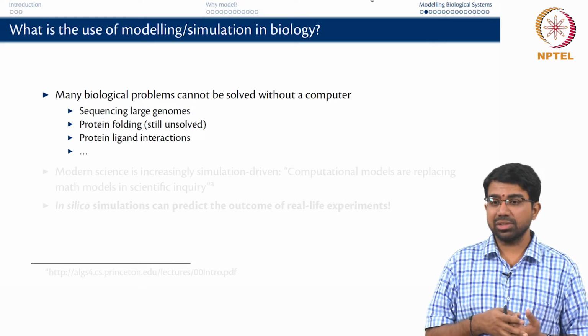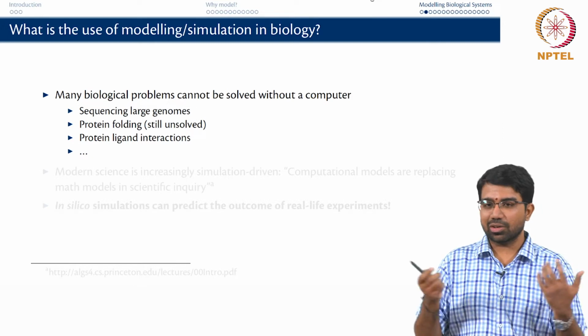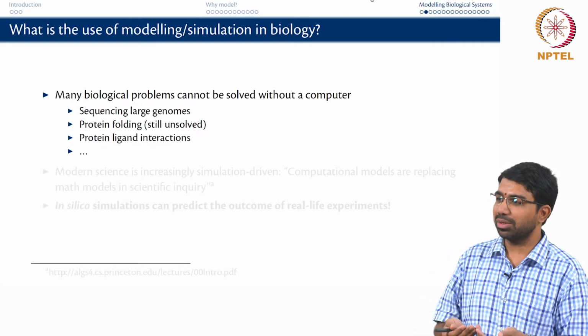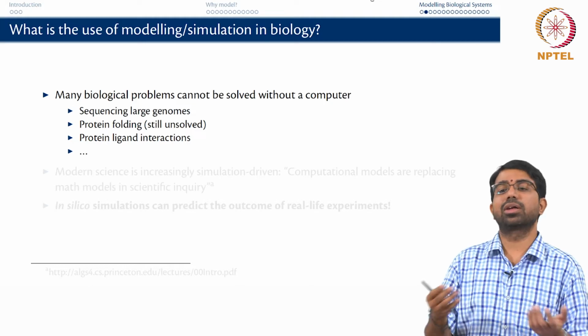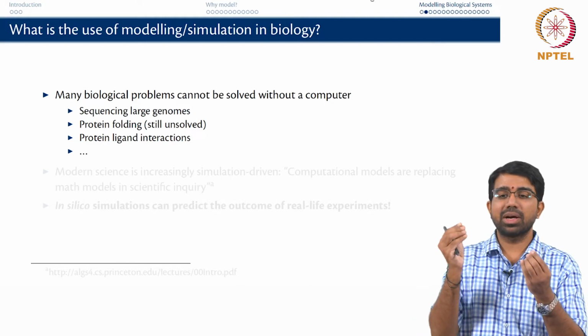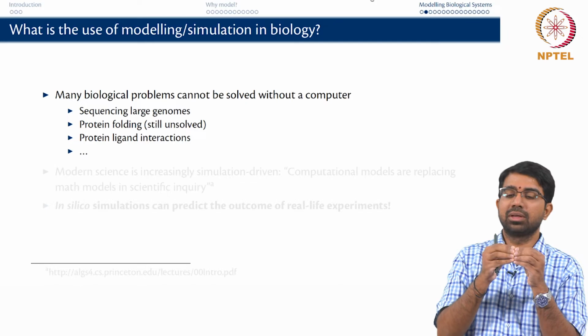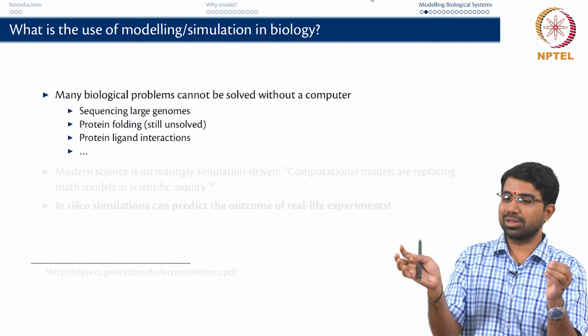Protein ligand interactions, this is at the heart of every single network that we will talk about, right. So, every single network has at its heart some sort of molecular recognition. Molecule A binds only to molecule B, it does not have anything to do with a molecule C, right.